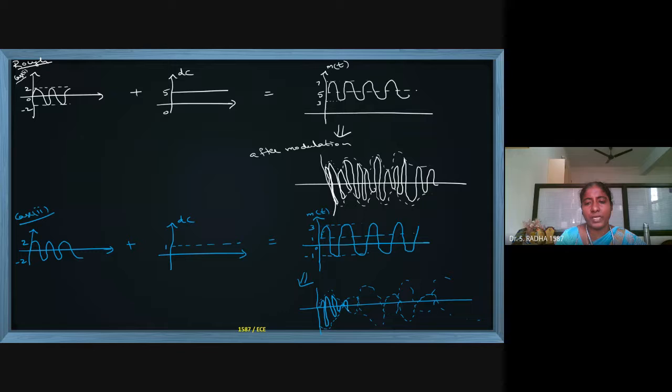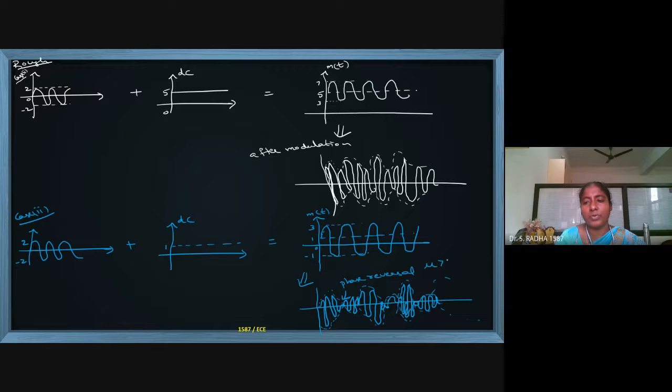It will not be a full waveform. It will repeat the same direction. So we will draw the sine wave only at the junctions. Whichever direction it is coming, the same direction it will repeat. That is called phase reversal.